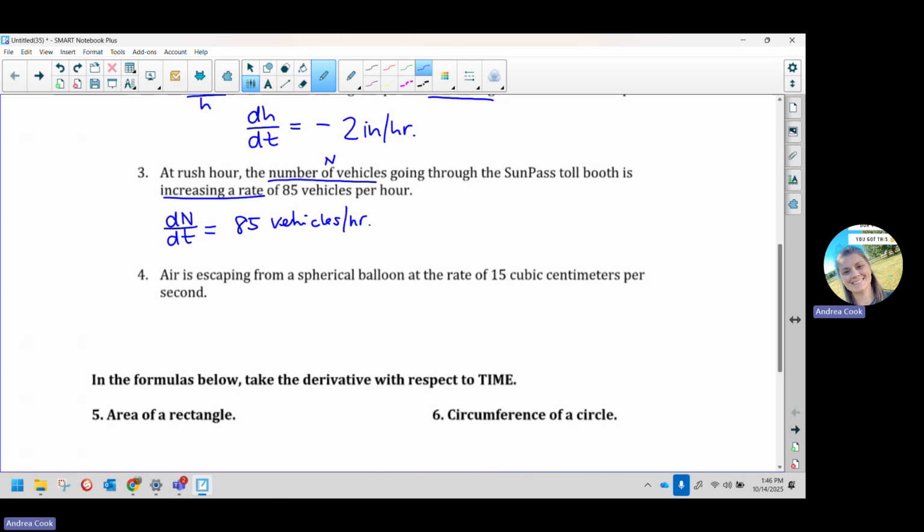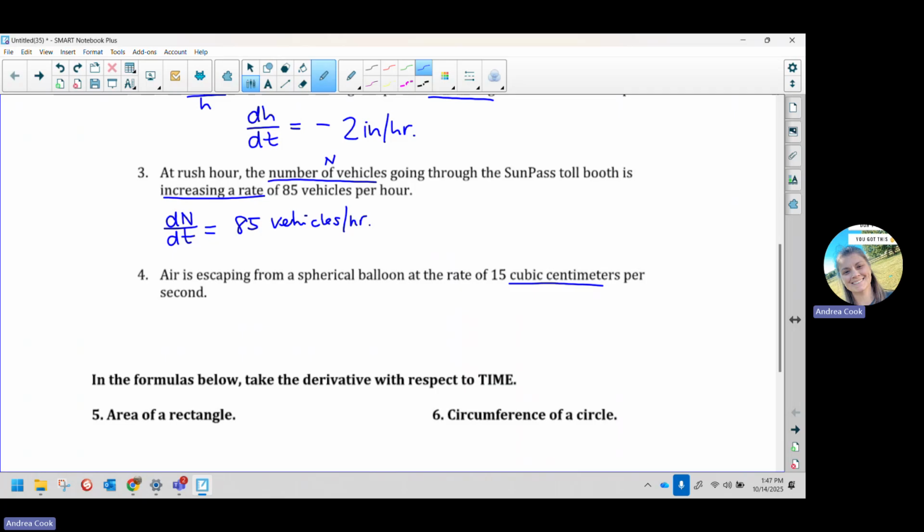Okay, the next one says air is escaping from a spherical balloon at a rate of 15 cubic centimeters per second. They're not really defining a variable here, but you should be able to tell what the variable is by the units. What do we measure in cubic centimeters?